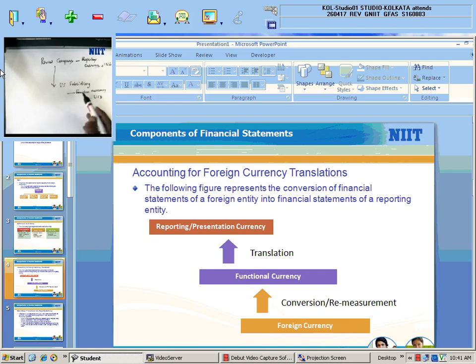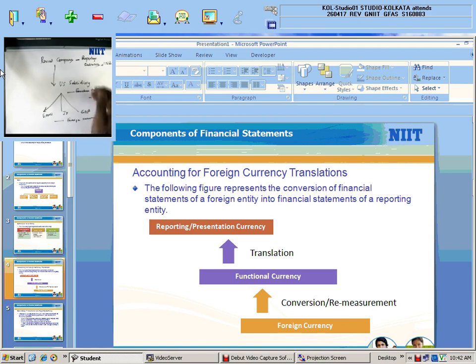Now, when the financial statements of the US subsidiary have to be consolidated into the financial statements of the Indian parent, it is done like this. Transactions done by the US subsidiary in euro, Japanese yen, GBP are all foreign currencies. All such transactions recorded in the books of the US subsidiary in foreign currency have to be converted or remeasured in US dollar.